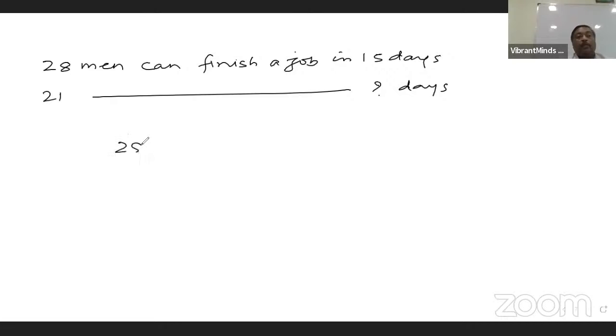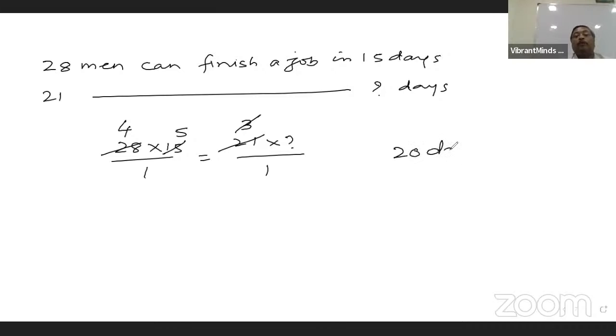So again, 28 into 15 by 1 is equal to 21 into question mark by 1. 7 3s are 21, 7 4s are 28, so we have 4 5s, 20 days. Is it clear?